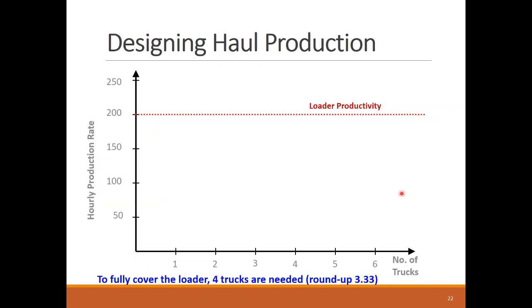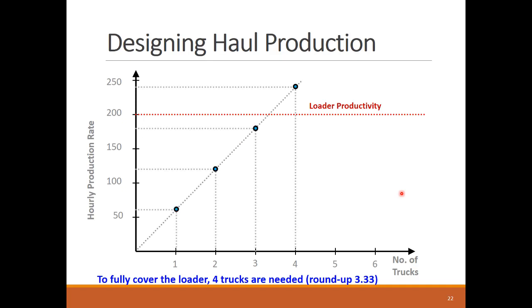Let's plot all these crew configurations and see how the productivity changed with the increase of the trucks. Remember that our loader productivity is limited by 200 cubic meters per hour, which is the same as loading 1 truck every 3 minutes, or 5 trucks every 15 minutes.